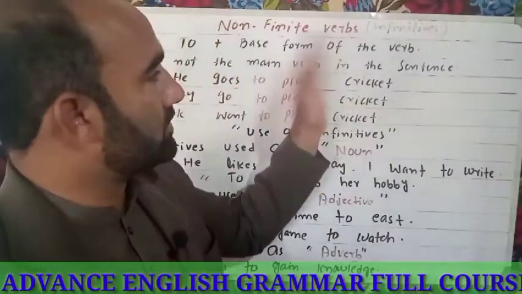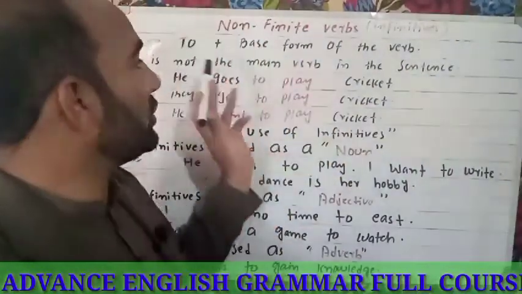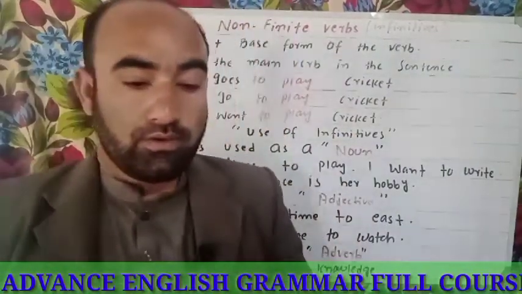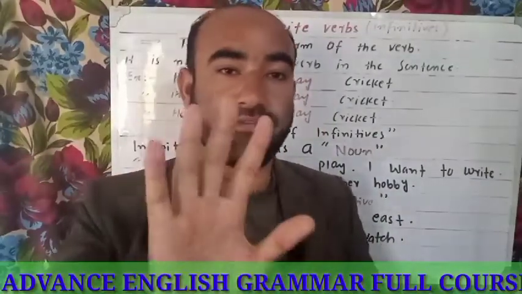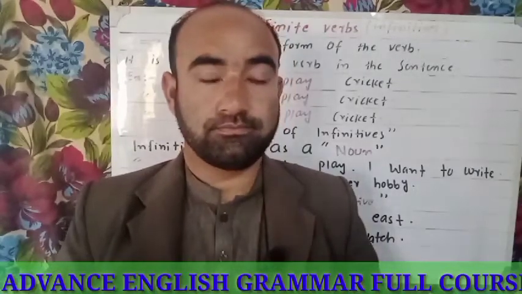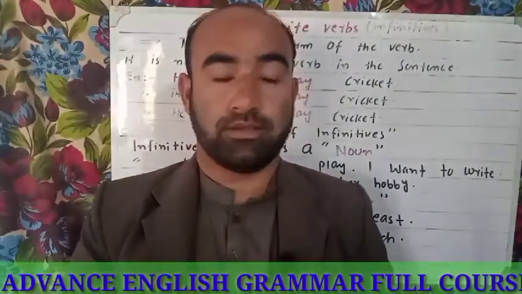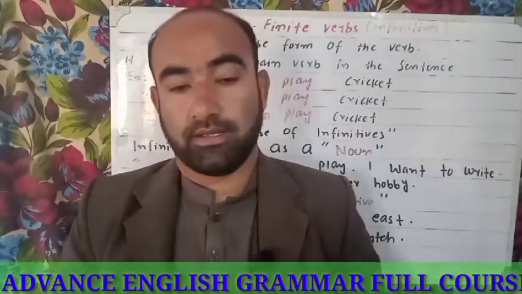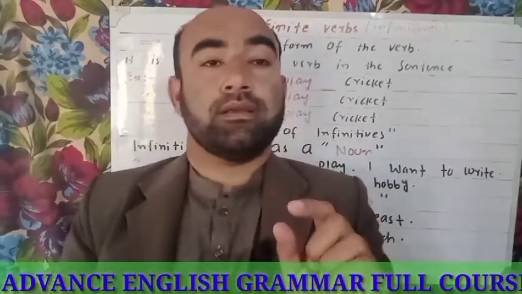Now let's talk in detail about the non-finite verbs: to plus the base form of the verb. You have to keep these in mind: there are 5 forms of the verb. First form, second form, third form. For example, I will give you a practical example.